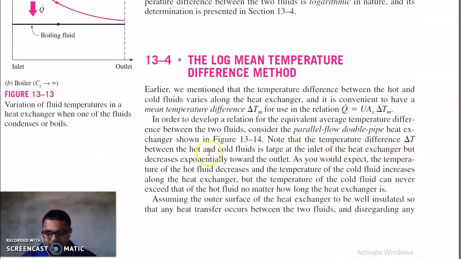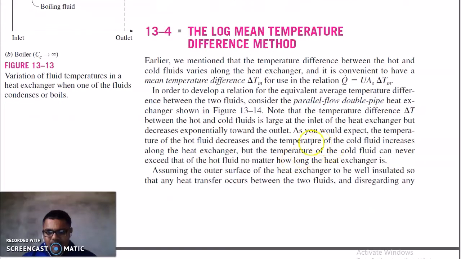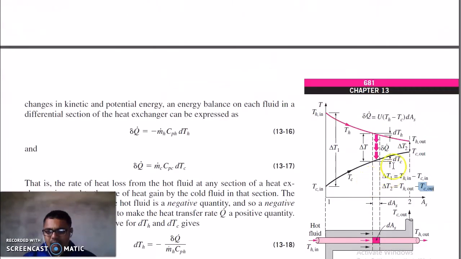Note that the temperature difference delta T between hot and cold fluid is large at the inlet of the heat exchanger but decreases exponentially towards the outlet. As you would expect, the temperature of the hot fluid decreases and the temperature of the cold fluid increases along the heat exchanger. But the temperature of the cold fluid can never exceed that of the hot fluid no matter how long the heat exchanger is. That means this temperature of the cold fluid can never exceed this T_H out.